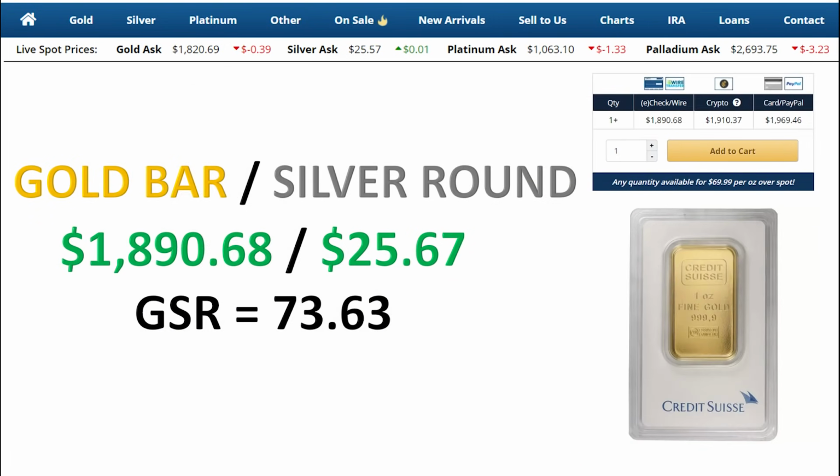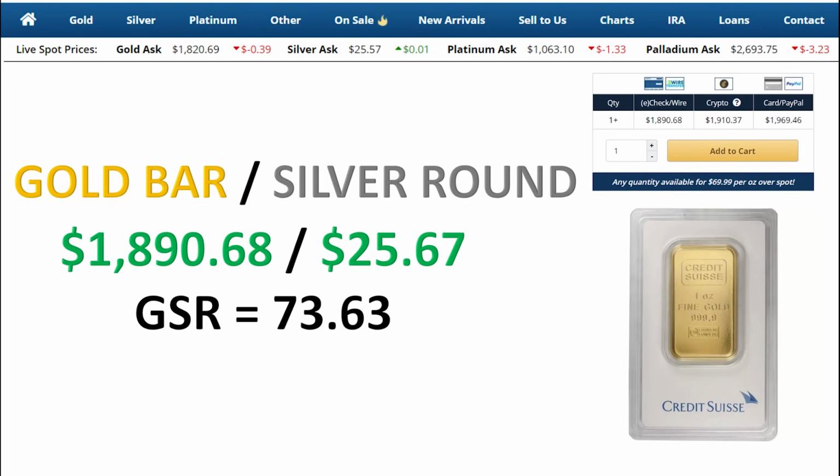So plugging the cost of the gold bar in, which is still $1,890.68, as well as the sell to us or buyback price quoted from JM Bullion of $25.67 for each of the Sunshine Mint silver rounds, we're going to see it's going to take 73 of those silver rounds plus a little cash in order to trade for that gold bar.